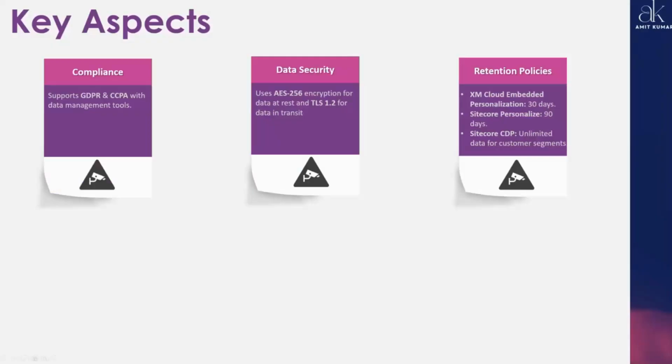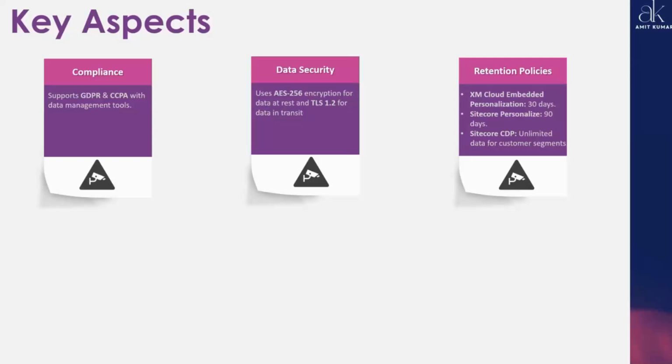Now data privacy. When you are buying any SaaS product, GDPR and CCPA compliance are there. Data security like AES 256 encryption and TLS 1.2 is required. The retention policy is 30 days, and the Sitecore personalization is 90 days. And CDP has unlimited data for customer segmentation.